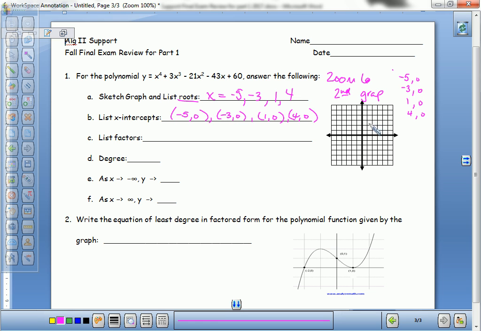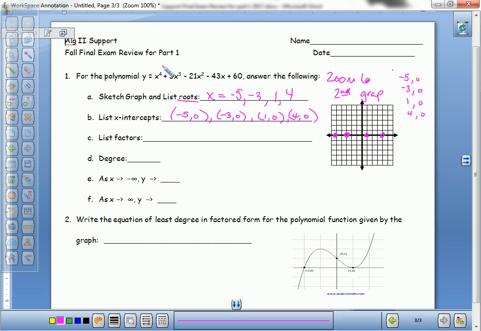Okay, so now let's sketch what it looks like. We know we've got one here at -5. We've got one at -3. We've got one at +1 and at +4. Now, it's hard to tell what this is doing because it just looks like a whole bunch of straight lines, doesn't it?